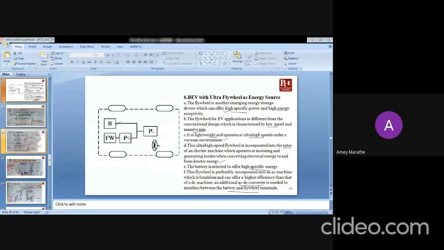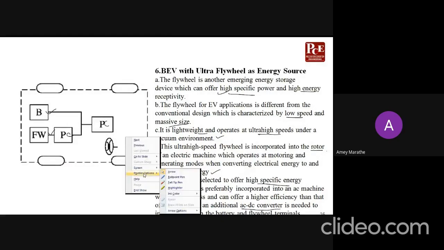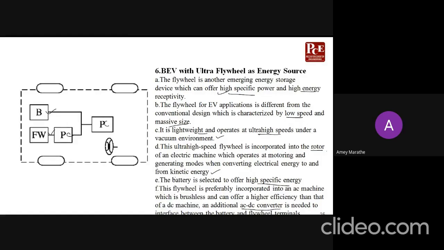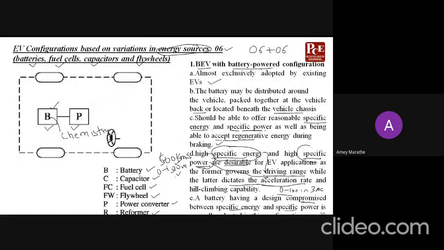So let us go back and move forward to see what more we have when we talk about this technology. I will take you back through all 6 of them once again. Here you see one of the most commonly used configurations is a pure battery and a power converter configuration, the battery powered configuration.